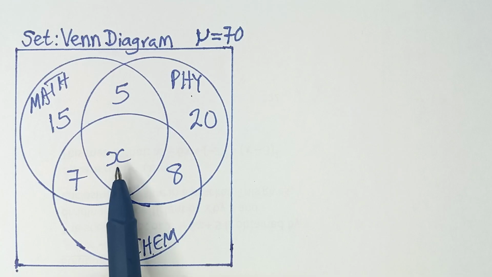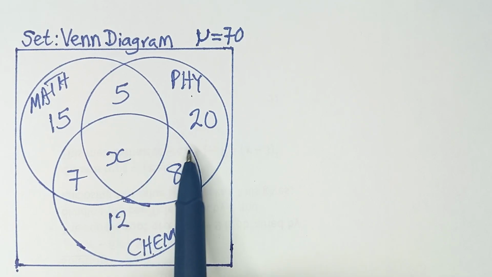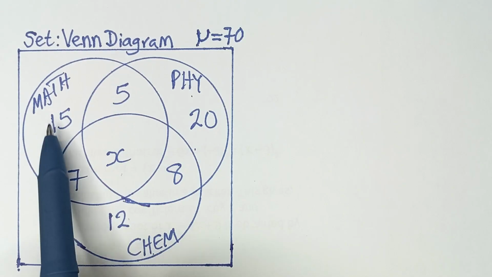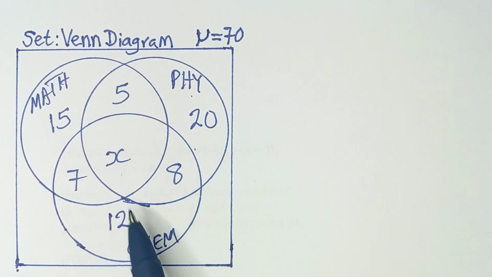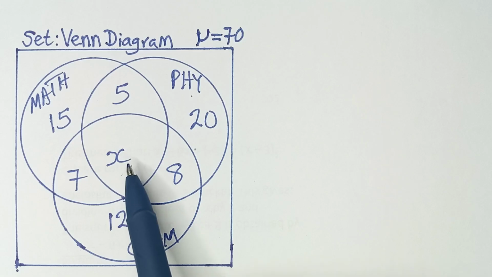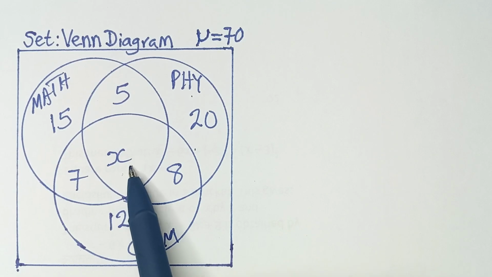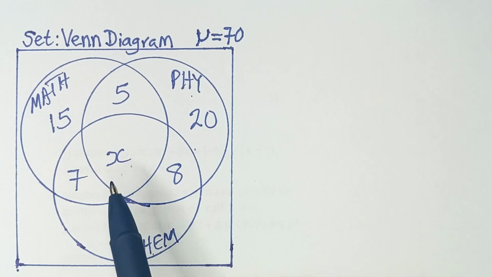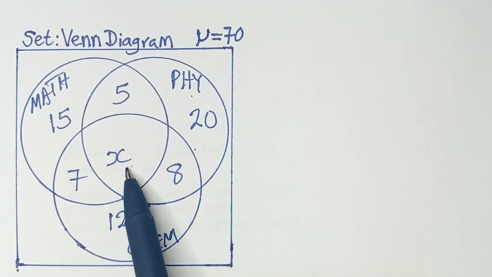The x here is the point of intersection of the three circles. Where the three circles meet is where the number of students that offered all three subjects is. So we are going to find the value of x to answer the first question.